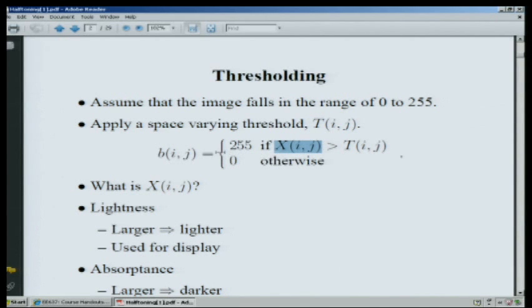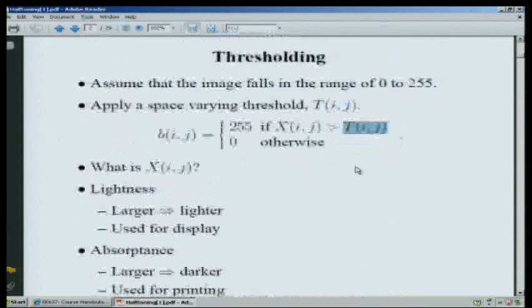At each pixel ij, we'll represent the true pixel by a value of either 0 or 255, by applying some threshold t, which is a function of position. Here we're also assuming that when b is 255, you've printed a dot, so the dot is black. Basically, the larger x is, the darker it is.